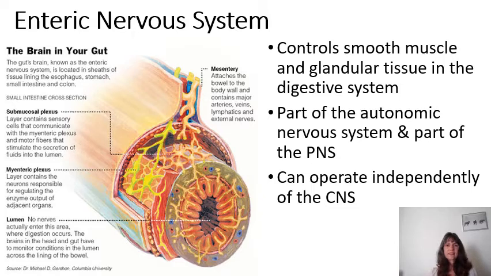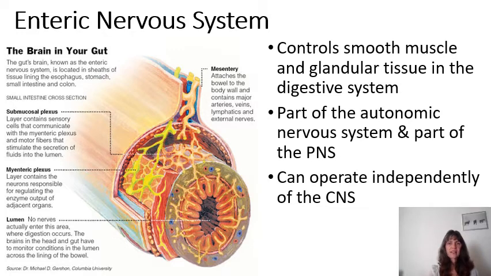This system includes networks of structures that communicate with one another to help control the activity and contraction of smooth muscle that lines the digestive system, as well as glandular tissue that plays a role in the digestive system.